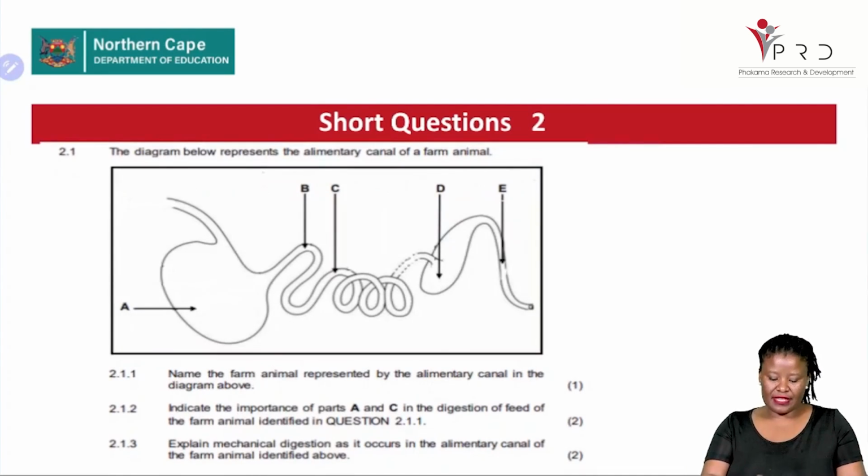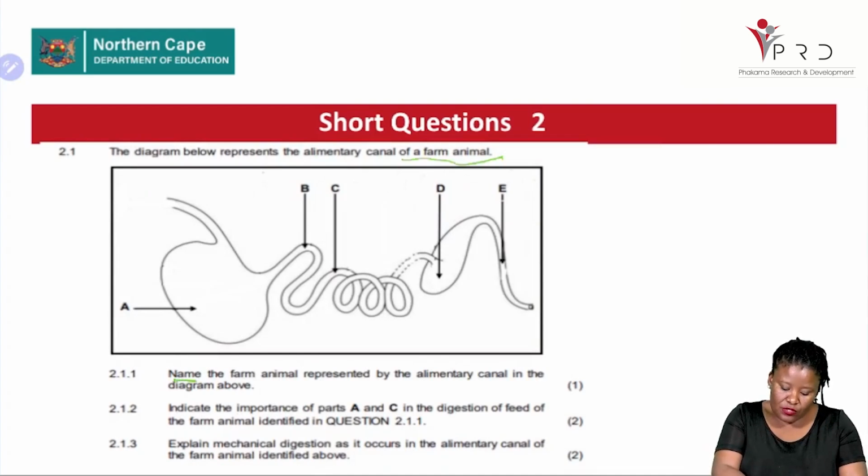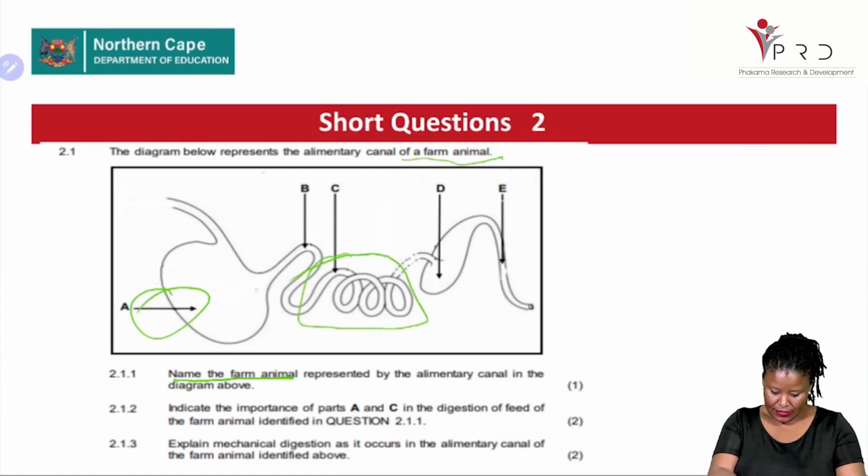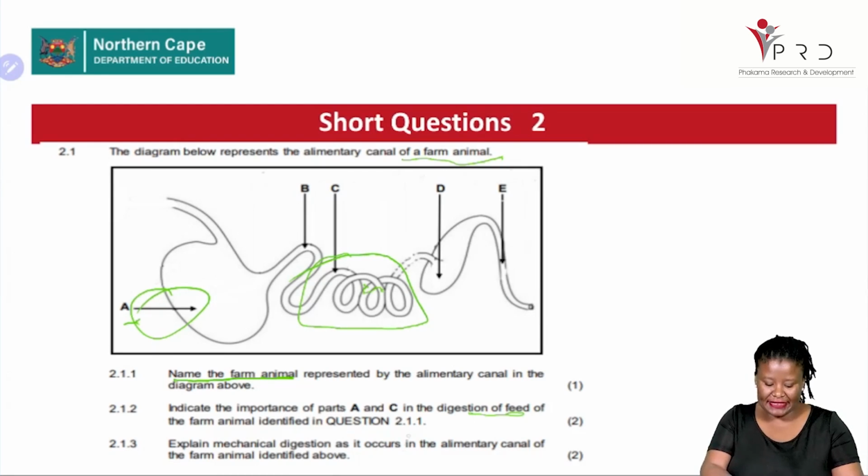You are given this alimentary canal of a farm animal. You are also asked to name this farm animal. Indicate the importance of A, and you are also asked the importance of C. In the digestion of feed, how A is important in digestion, how C is important in digestion.